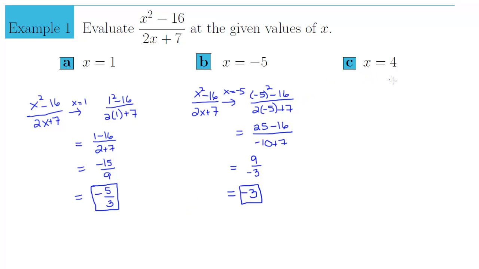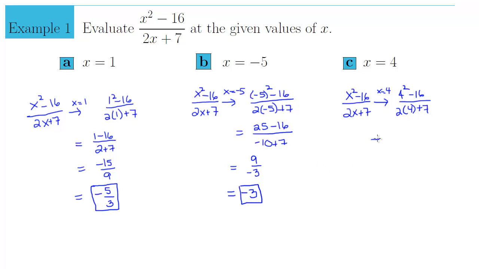x equals 4. So let's evaluate our expression x squared minus 16 all over 2x plus 7. And this time, in place of x, we're going to put x equals 4. Starting on the top, we have 4 squared minus 16, all divided by 2 times 4 plus 7.